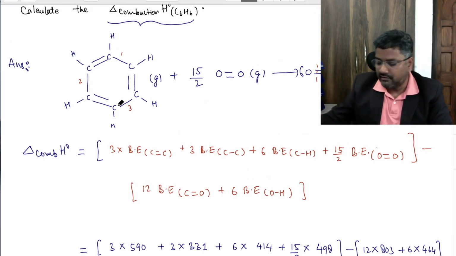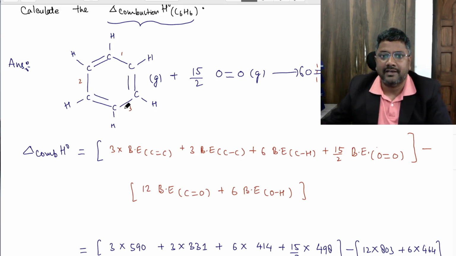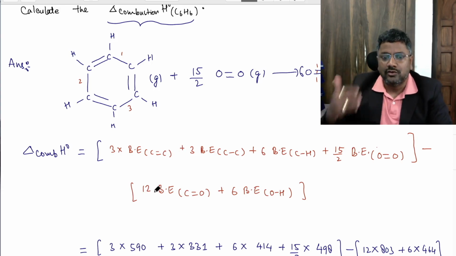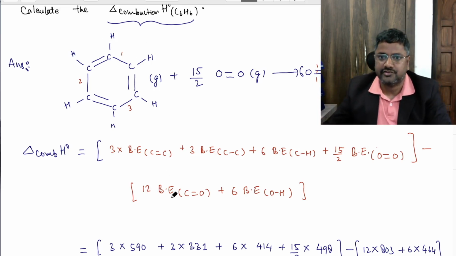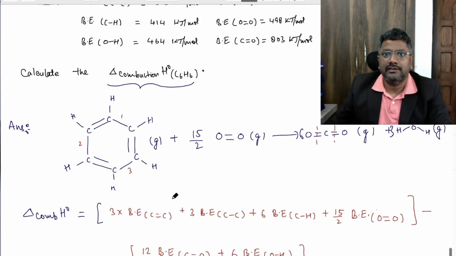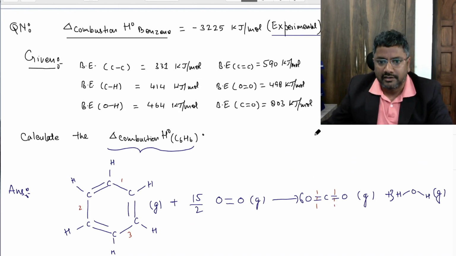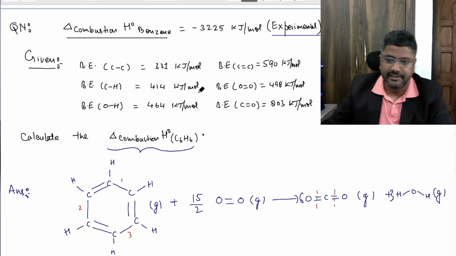This is confirmed and cross-checked by this experimental data, and this helps us to consider the resonance in such types of molecules, right? So in this way you can calculate the resonance energy in terms of combustion data and bond enthalpy data.